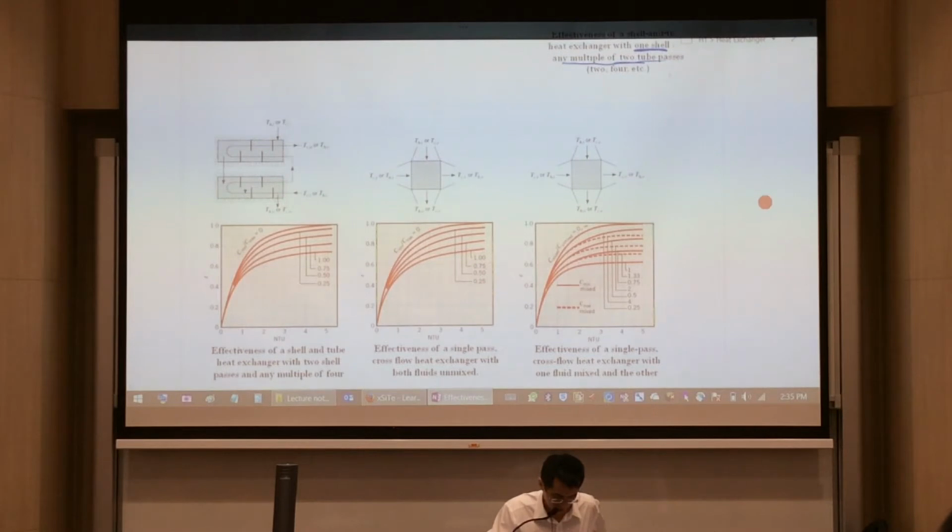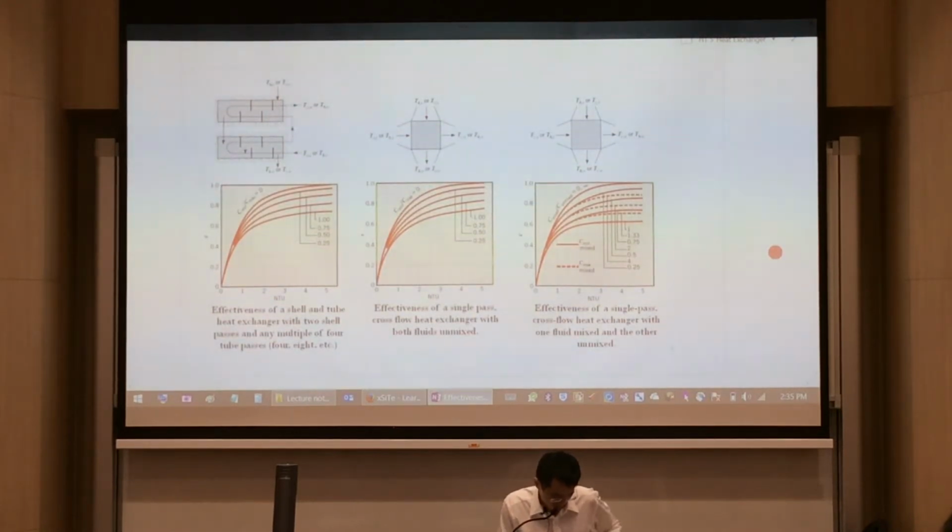If you go to the next slide, you get to see two shell passes and any multiple of 4 tube passes. So you have two shells over here and count the number of passes: 1, 2, 3, 4.